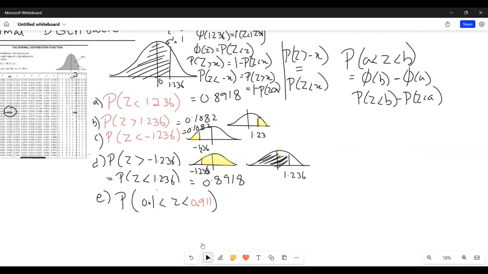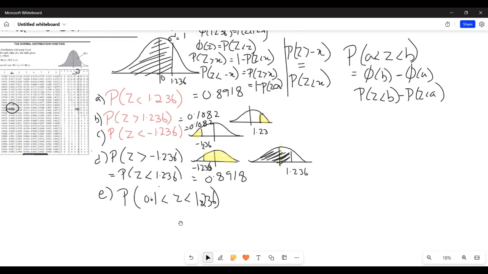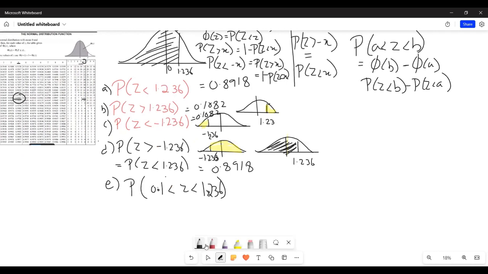In fact, let me just use 1.236 as the bigger value so that I have to do fewer calculations or refer to the table less, because I've already found probability z is less than 1.236. Okay, so using the formula, this is the same as probability z is less than 1.236 minus probability z is less than 0.1.